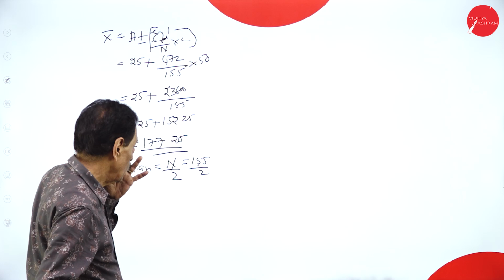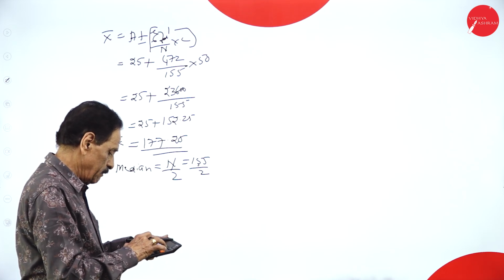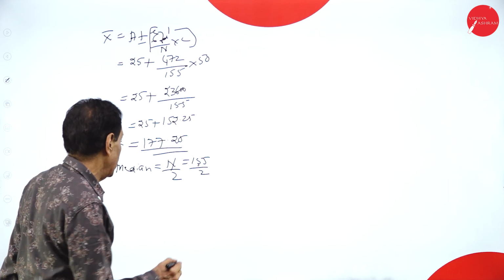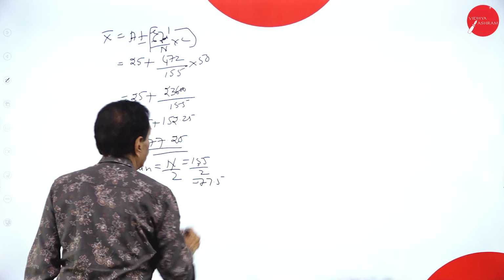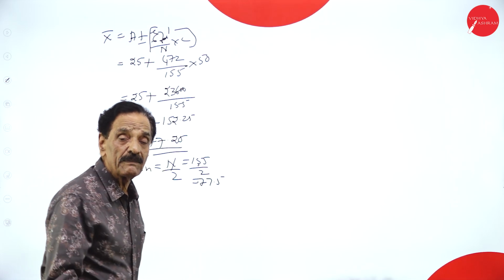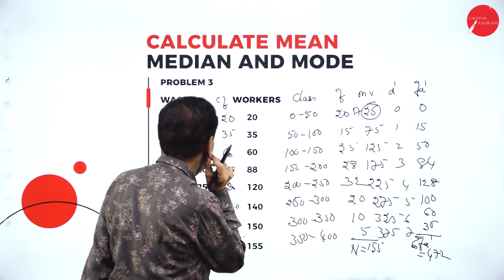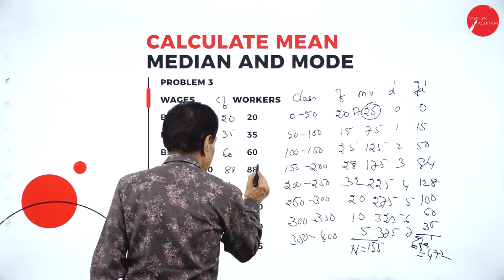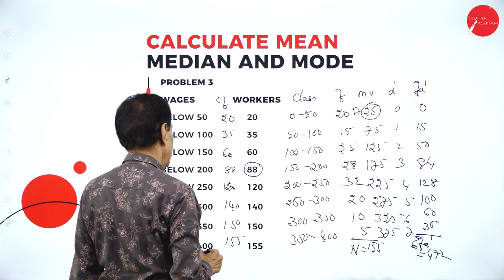This is 155 divided by 2, 77.5. Find 77.5 in CF, where the 77.5 will come under 88. This is your CF, it will come under 88.